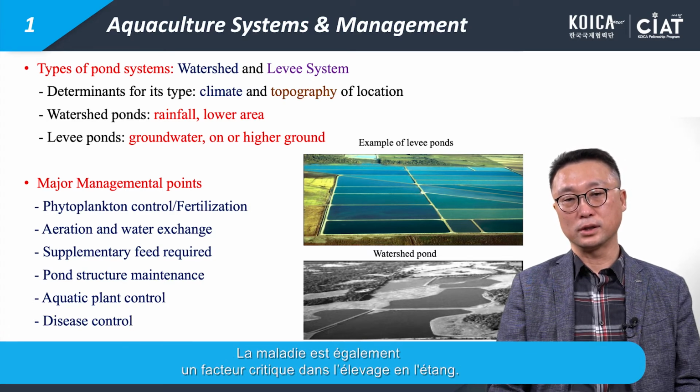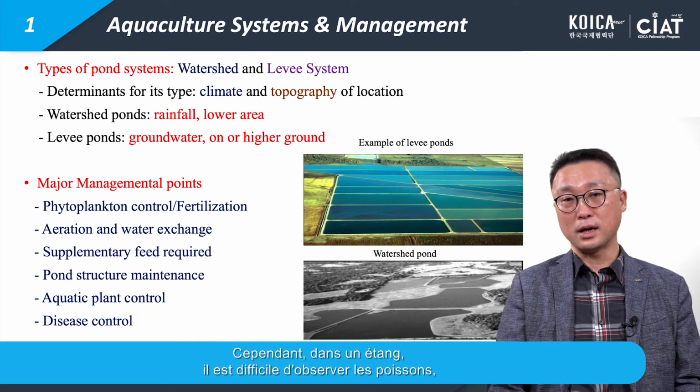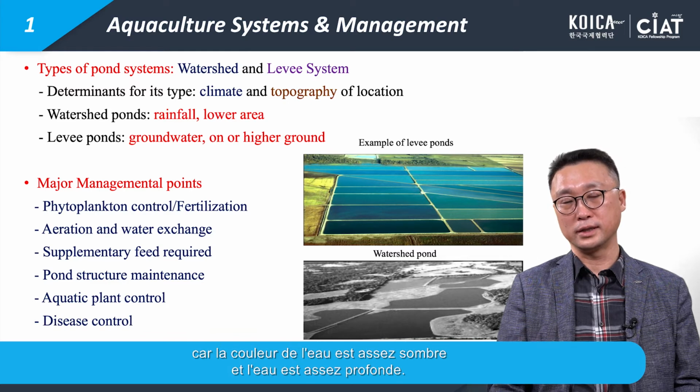Disease is also critical in affecting the production of the pond. So disease will have to be treated whenever it comes out. However, in a pond aquaculture situation, it is hard to observe the fish, because the water color is quite deep, and the water depth is quite deep too.